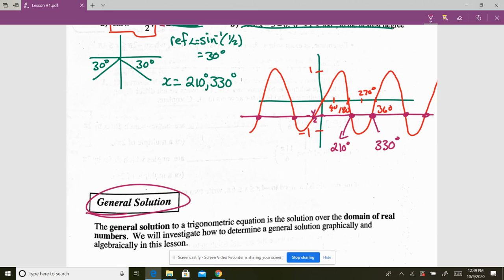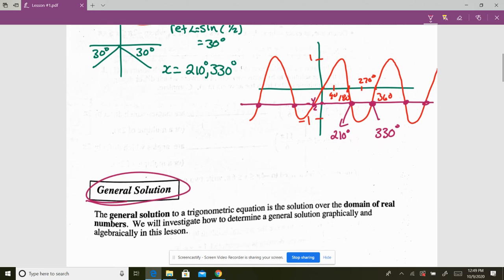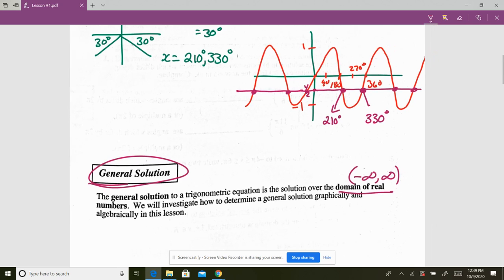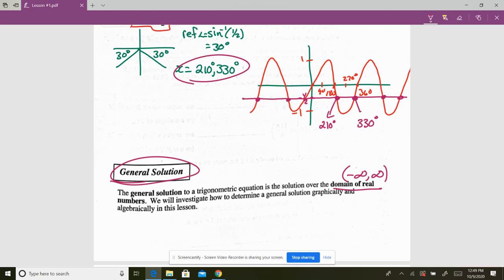are called the general solution. It's all the answers over the domain of real numbers, i.e. from -infinity to +infinity. All you have to do to get the general solution is take your answers from 0 to 360 and add multiples of the period.